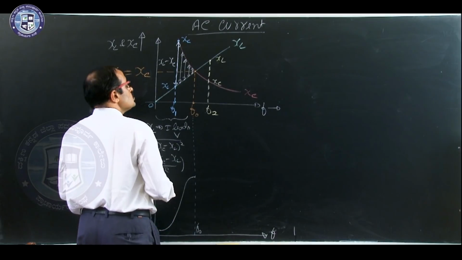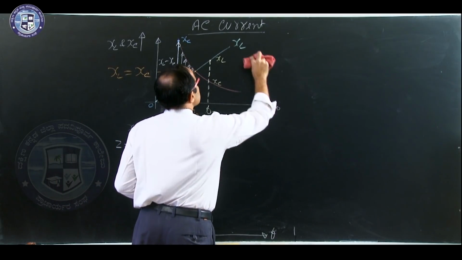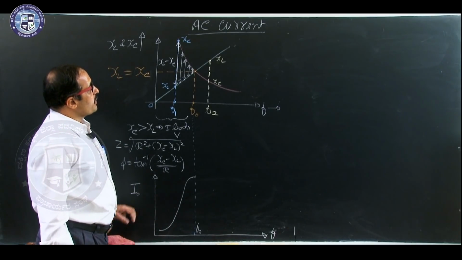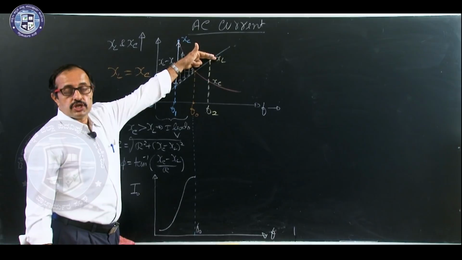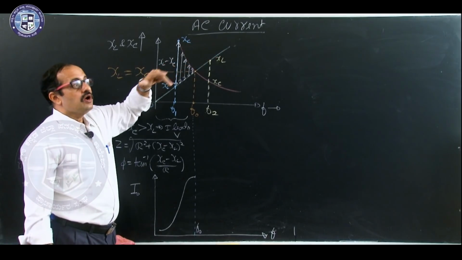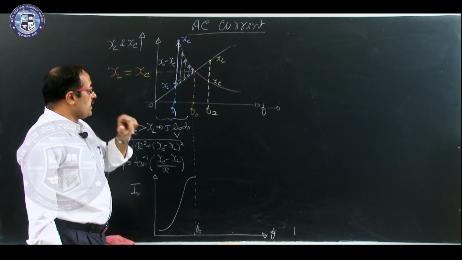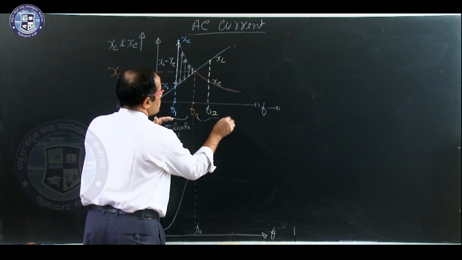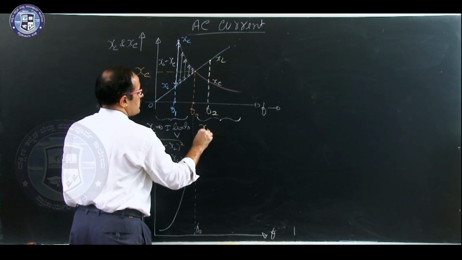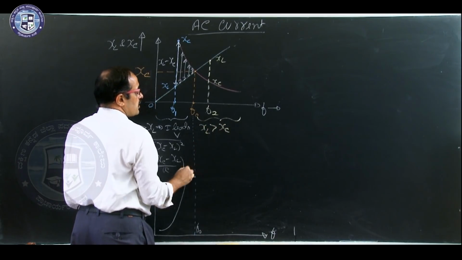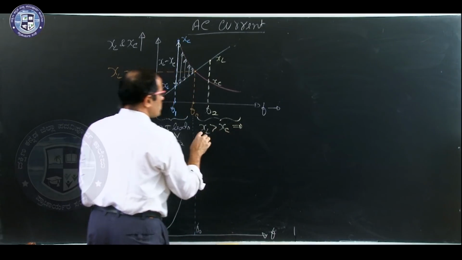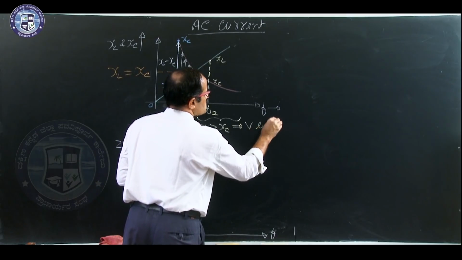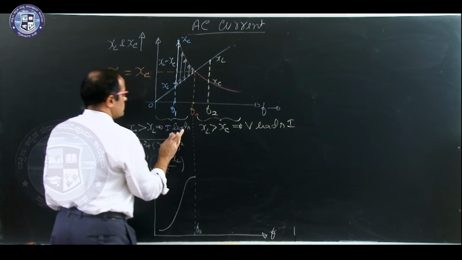So it is very clear, now the circuit is governed by the inductor. And what is the property of the inductor? V leads I. Therefore, in this range, it is very clear XL is greater than XC. Inductor property dominates. What is the property of the inductor? V leads I.